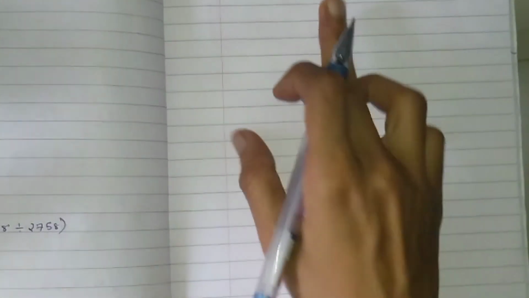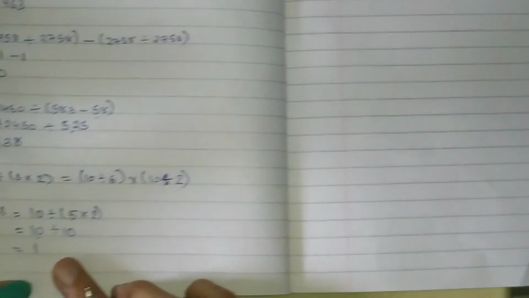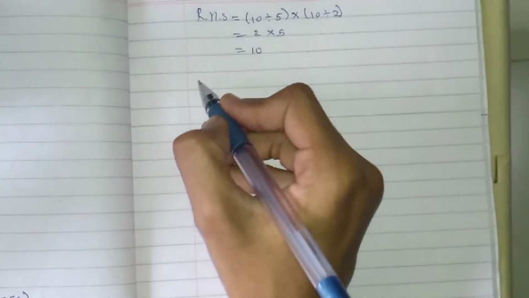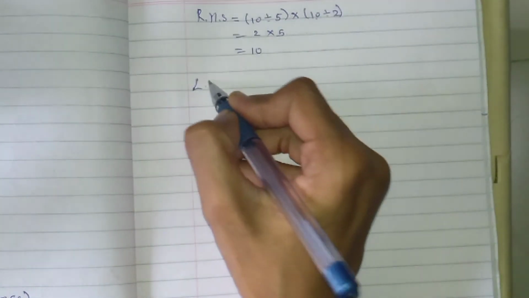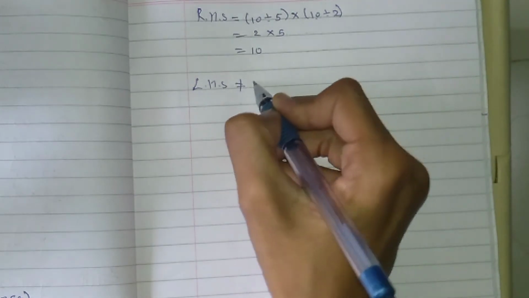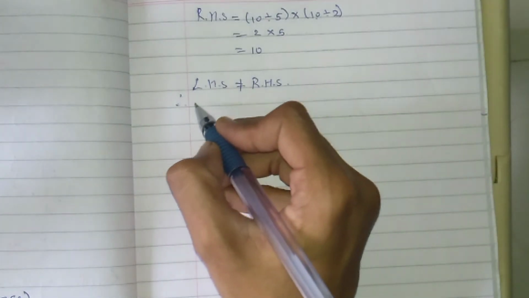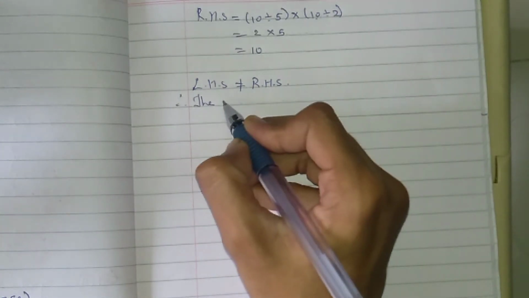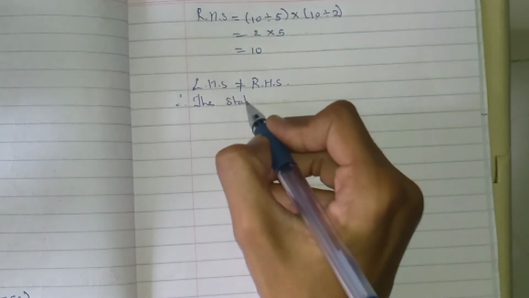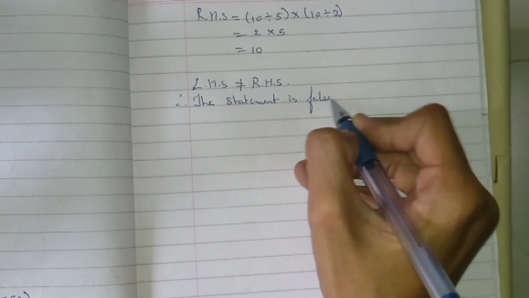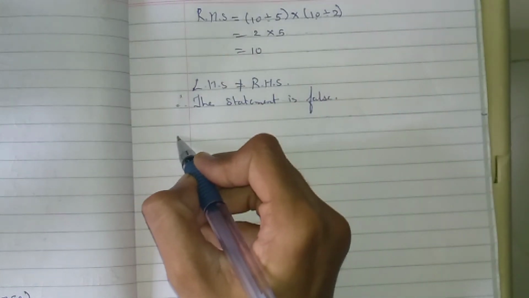Now see here, LHS is 1 and RHS is 10. So what we can say, LHS is not equal to RHS. So the statement is true or false? False, right? The statement is false.